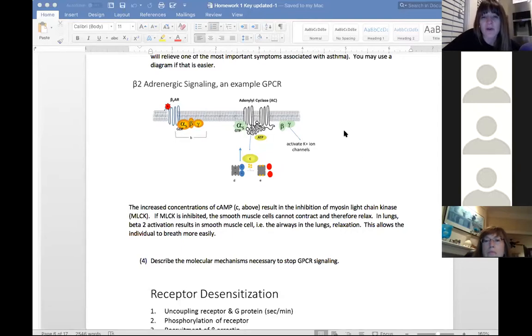It could be that you're removing ATP, so since you have less energy in the cell, the kinase isn't going to be able to transfer that one phosphate group. It could also be, and on this picture they're not showing this, but I always think about it in terms of increasing concentrations of calcium, and the effect that calcium has on the light chain kinase. Although in this image, they're showing that going through the Gq coupled receptor and not the Gs.